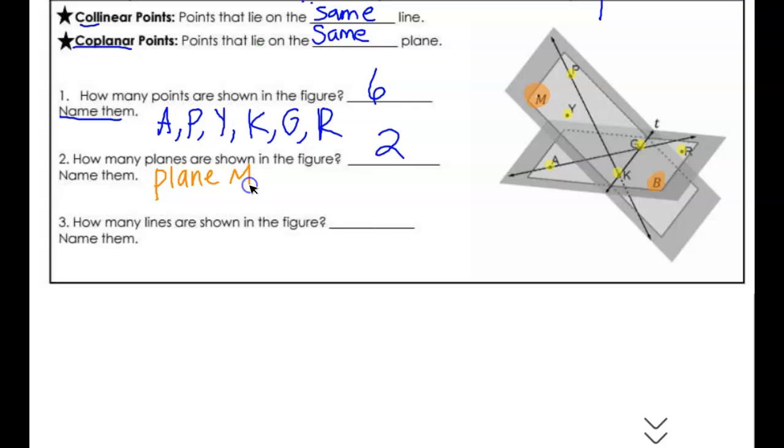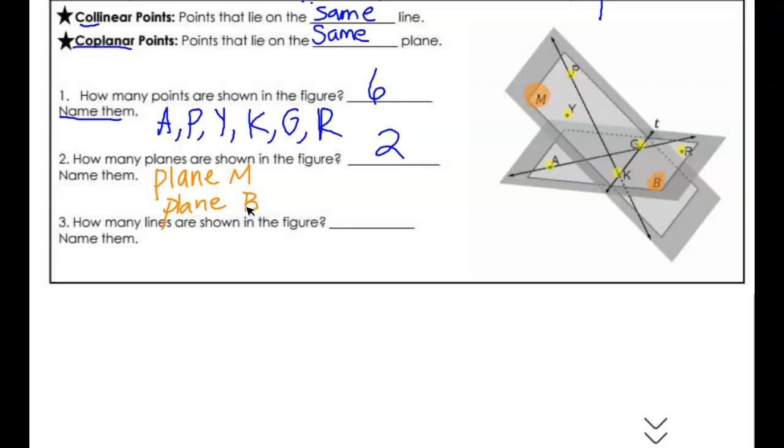Plane M. Because what if I just put M? That's not a plane, what is it? If we just use a letter, it's a point. So you gotta write plane M, okay? And then what's the other one? Plane B.